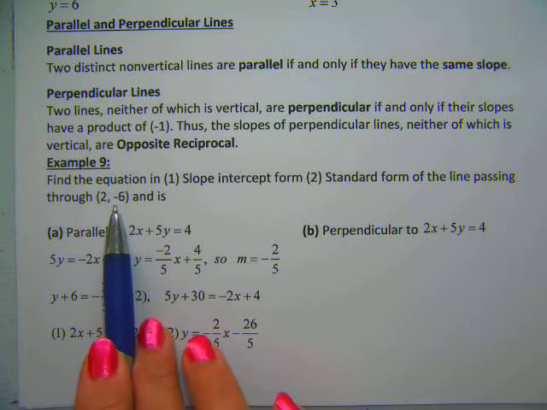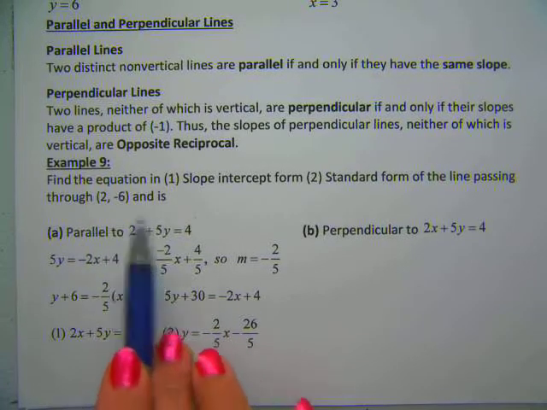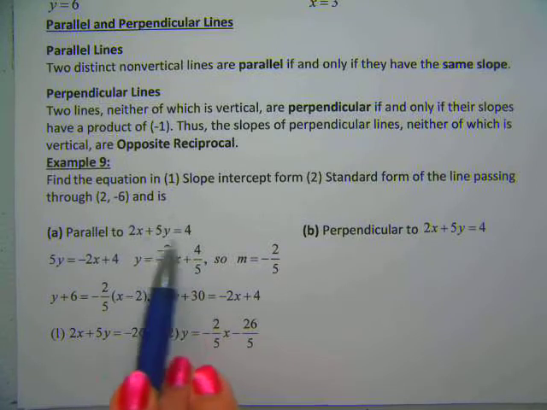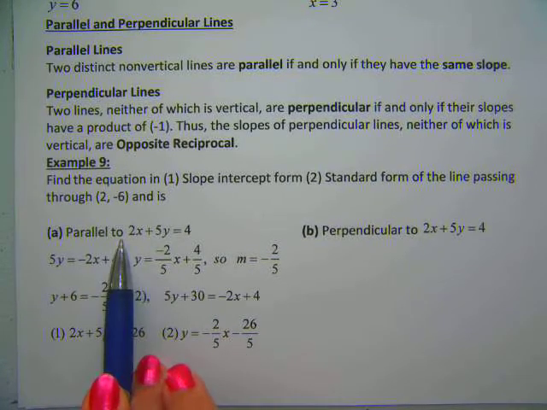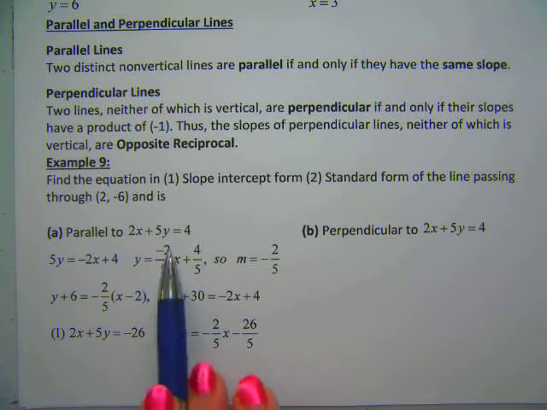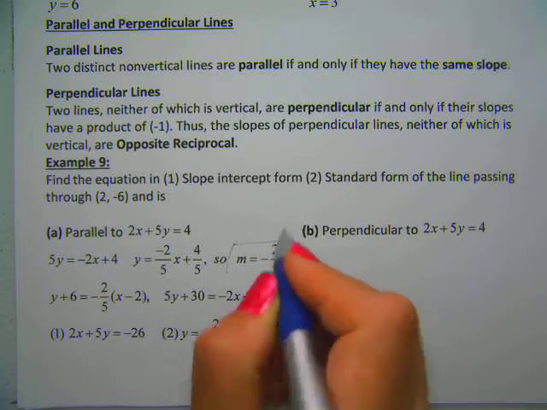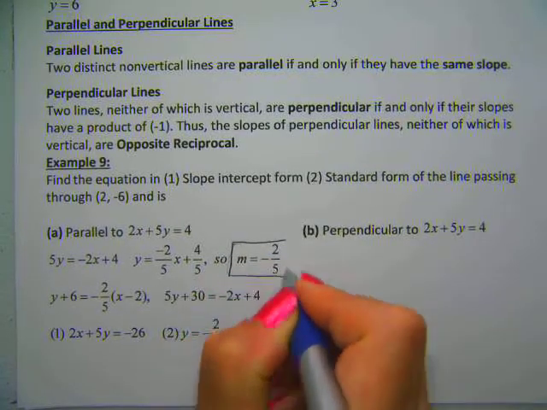So we know it is passing through this point, and the other information is that it's parallel to this line, meaning it has to have the same slope as this line. To know the slope, we solve for y. Solving for y, you get this equation. All I need from it is that the slope is -2/5.